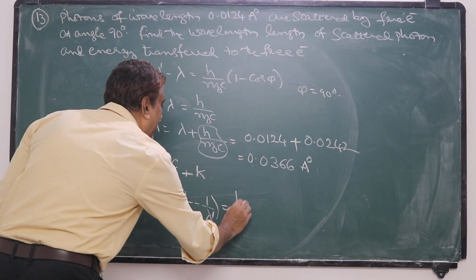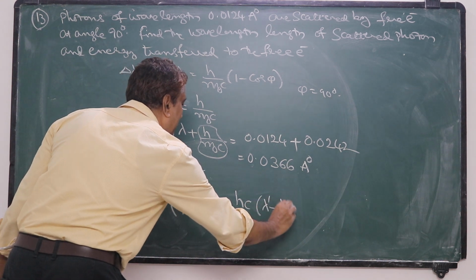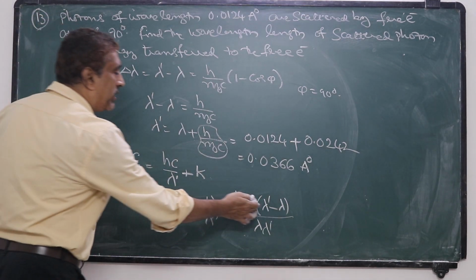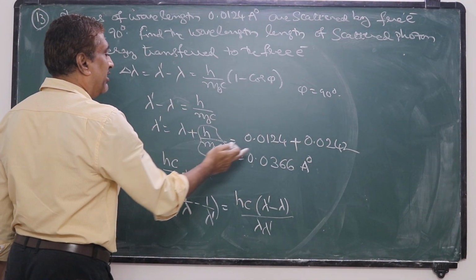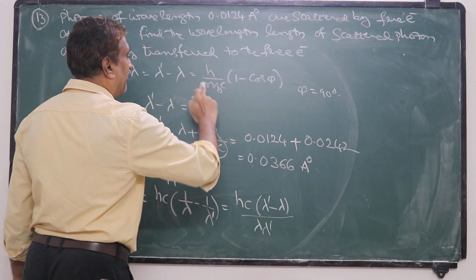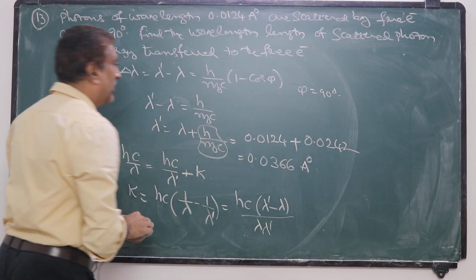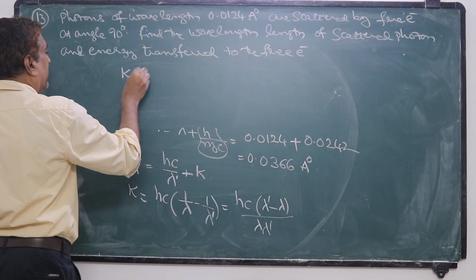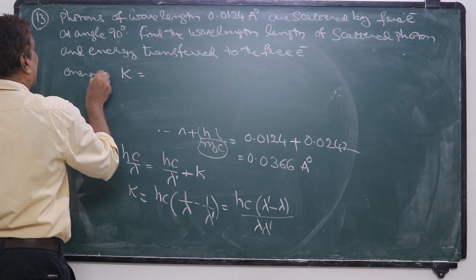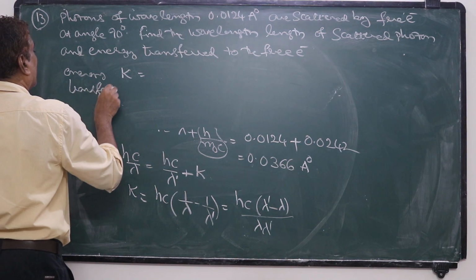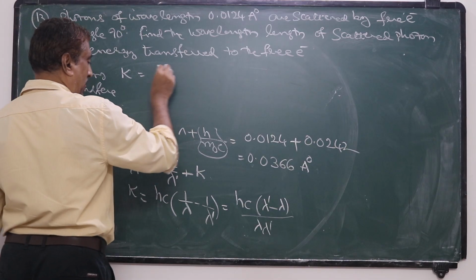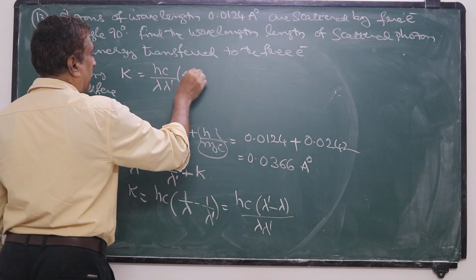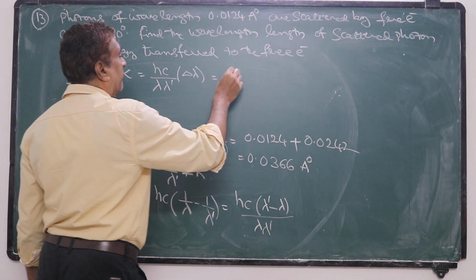So this can be written as hc into lambda dash minus lambda by lambda into lambda dash. Already lambda dash minus lambda we have calculated as h by m naught c, that is 0.0242. So the energy transferred to the electron, K, is hc by lambda lambda dash into delta lambda.